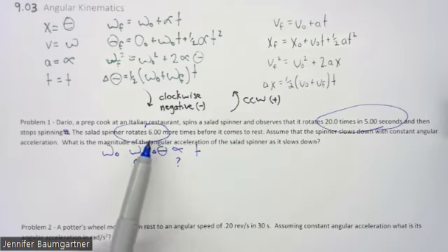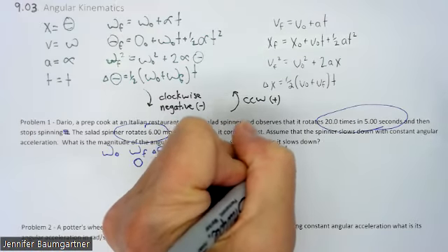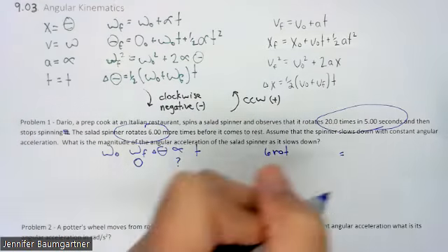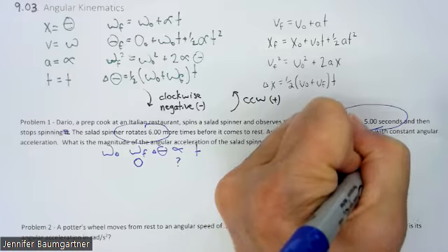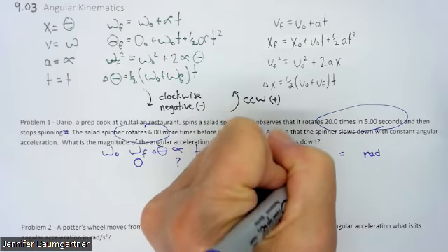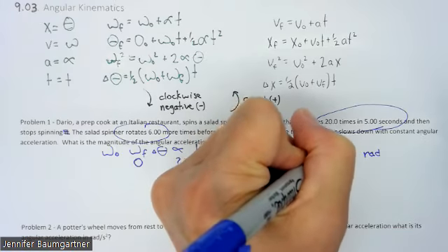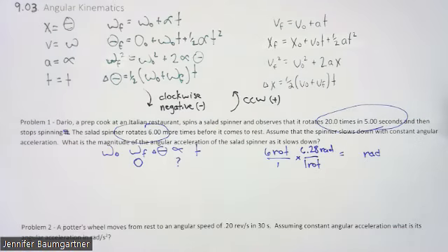Well, this is going to be equal to my theta value. I have 6 rotations, but everything's going to be in radians, so I'm going to have to convert that. I put 6 rotations over 1, and 1 rotation is 6.28 radians. It's 2 pi, right? We don't approximate, we don't leave things in terms of pi.